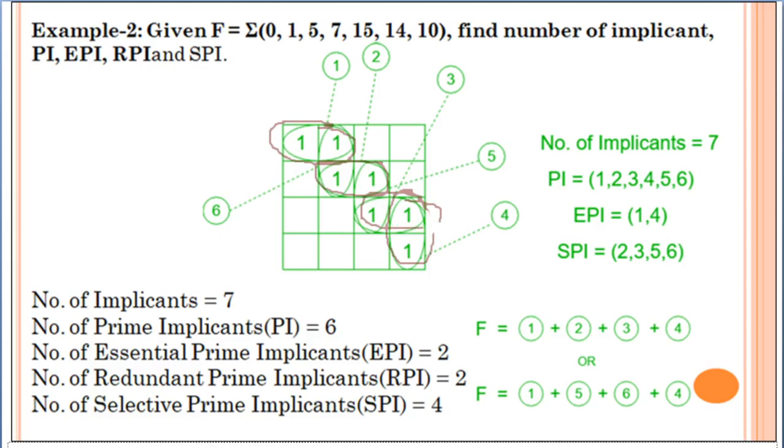But if we take that particular grouping, this can be possible. That's why we can say that we have 4 selective prime implicants, and these selective prime implicants will be part of our minimized function. Clear?